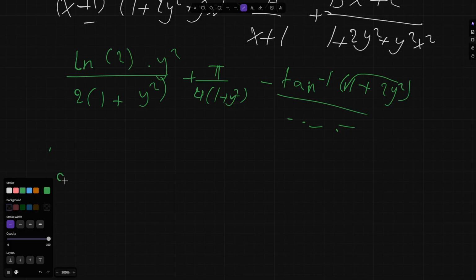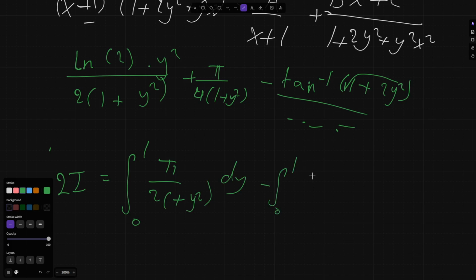So let's say now 2I is going to become the integration from 0 to 1 of pi over 1 plus y square dy, minus the integration from 0 to 1 of tan inverse of the square root of y square plus 2, by dy.